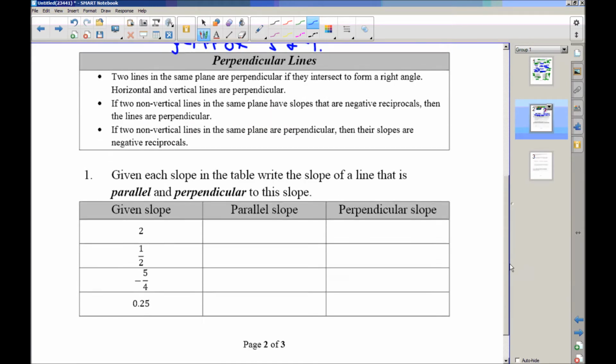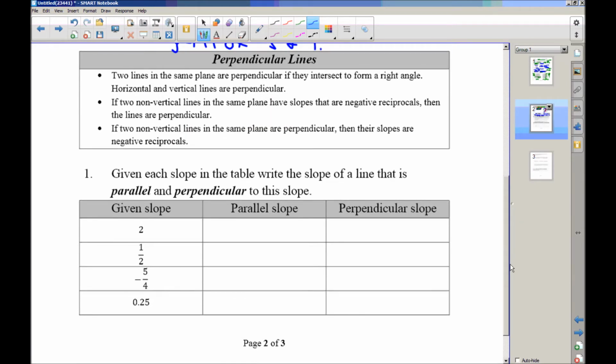All right, something new here, perpendicular lines. So two lines in the same plane are perpendicular if they intersect to form a right angle. So they make a cross or a T, okay? Horizontal and vertical lines are perpendicular, okay? So if we have a horizontal line and we have a vertical line, those guys are all perpendicular. If two non-vertical lines in the same plane have slopes that are negative reciprocals, then the lines are perpendicular.